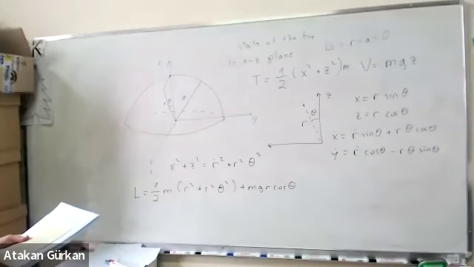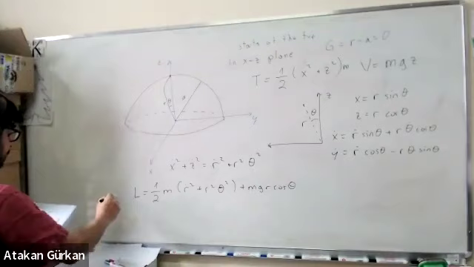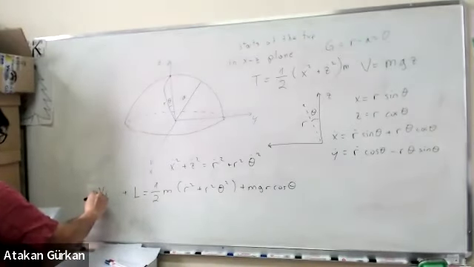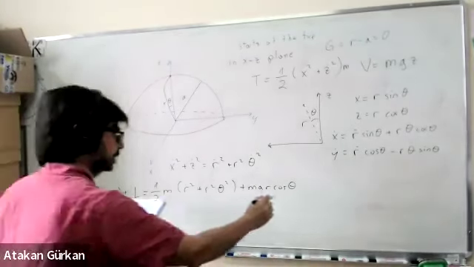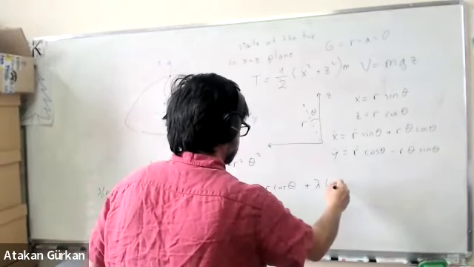Now to this, I'm going to add the constraint equation multiplied by some lambda, and I'm going to take the variation of this. So plus lambda (r minus a).